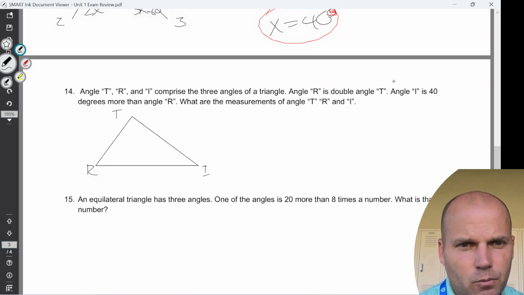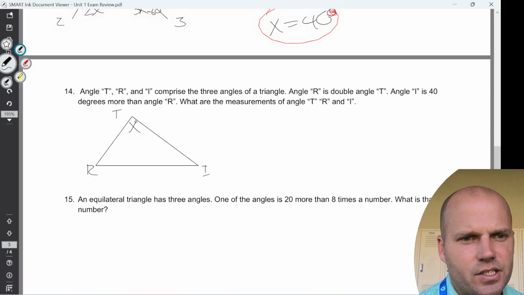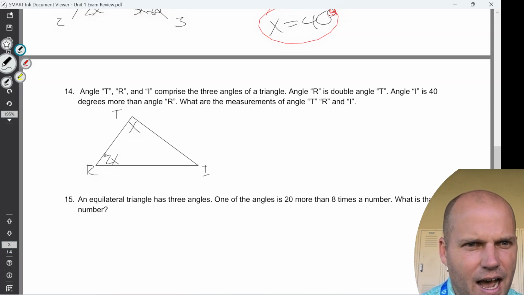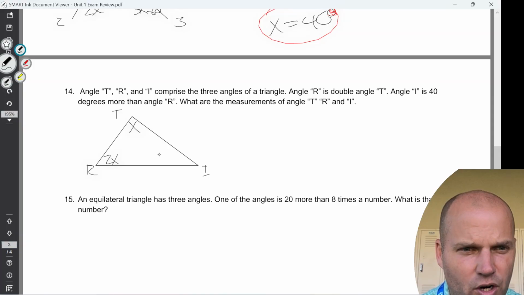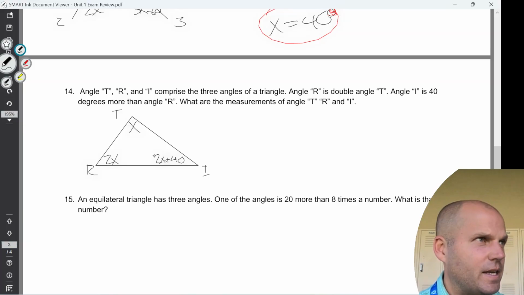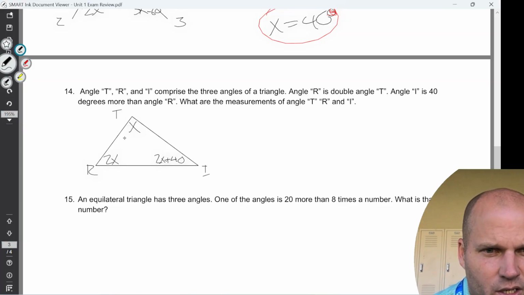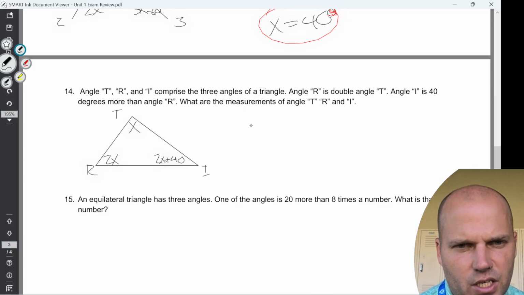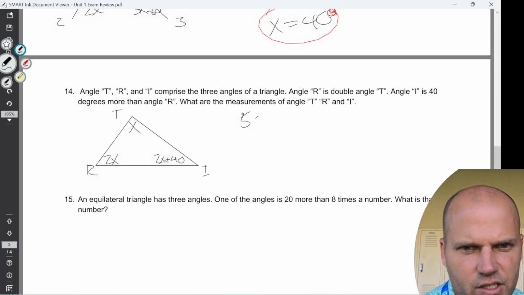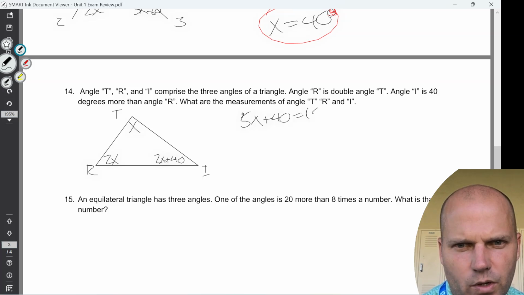R is double angle T. Well, I don't know what angle T is, so I'm going to call it X. R must be 2X. I is 40 degrees more than R, so I is 2X plus 40. You already know what R is, it's 2X. This plus this plus this equals 180. So X plus 2X plus 2X is 5X plus 40 equals 180. 5X equals 140.